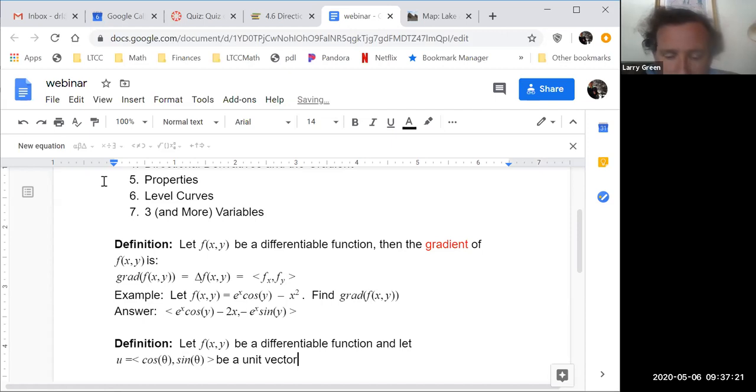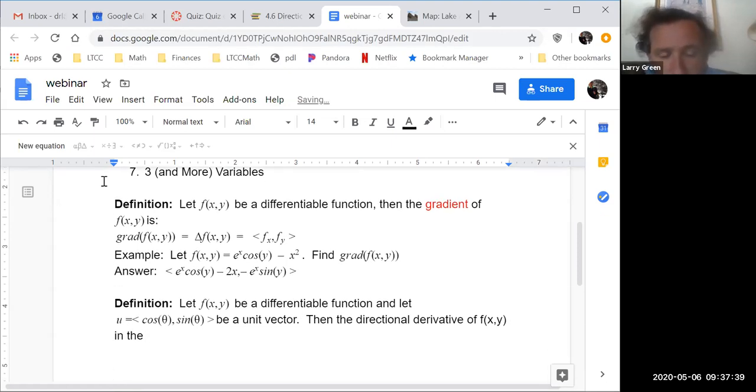Okay, then the directional derivative of f of xy in the direction of u is defined by... and now what we're going to do is think about how you take a directional derivative.